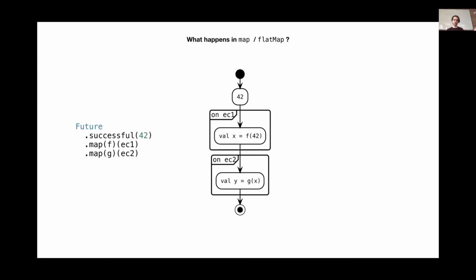And if it is in Scala 2.13, for example, it might be actually the same thread, which is pretty cool for performance. But in theory, it could be a completely different thread from a completely different thread pool. So basically, we will just execute some code on the first execution context, and then when the code is done, we will execute some more code on the other context.